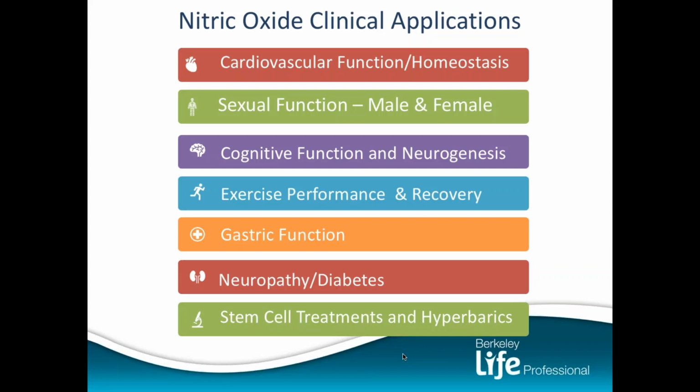BDNF, brain-derived neurotrophic factor, is intimately involved with nitric oxide. And deficiency of BDNF can lead to anxiety and depression. Nitric oxide is involved in neuroplasticity. It's involved in long-term memory.